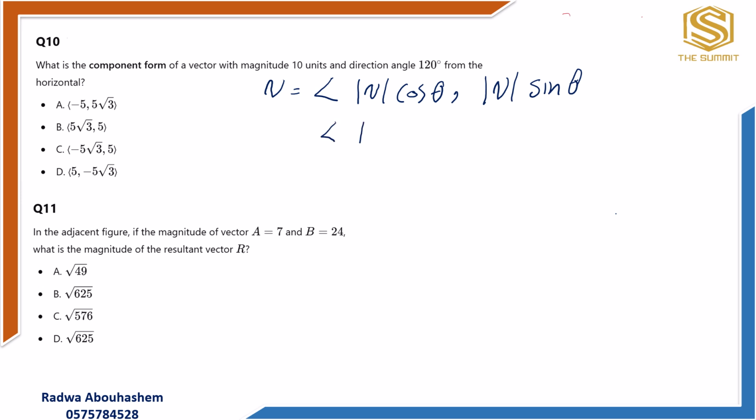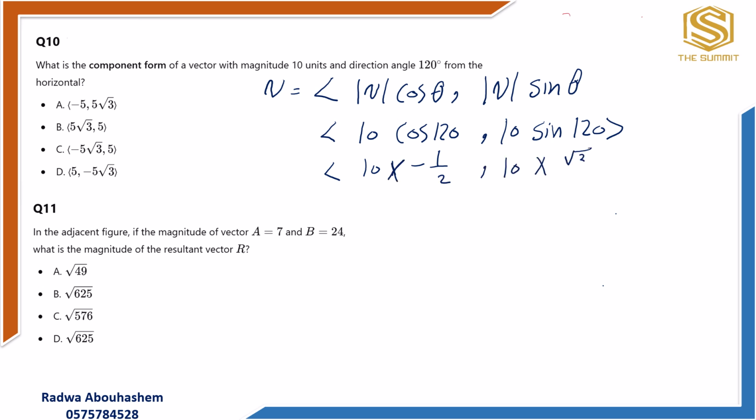So here it's 10 times cosine 120 and 10 times sine 120. This would be 10 times negative half and 10 times root 3 over 2. So negative 5 and 5 root 3.